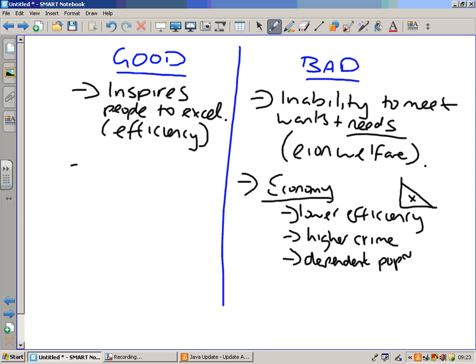What we can also talk about is reward for hard work. If you're a high income earner, you might be there on merit. You've worked hard, you've gained a degree, you've worked hard at work, you've got promotions. A lot of people say, why should that person pay a lot of their income in tax to help fund the poor in society?